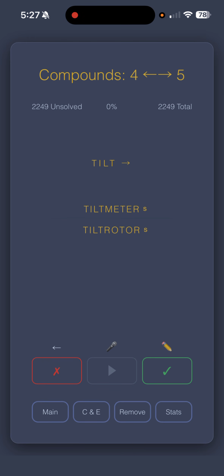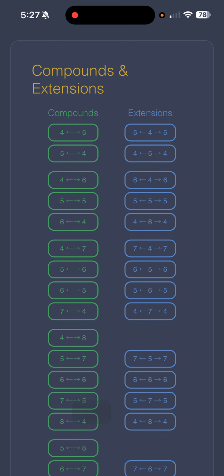These quizzes are redundant in the sense that tilt meter will show up twice, once as tilt with the arrow pointing to the right, and once as meter with the arrow pointing to the left. Okay, now the difference between a compound and an extension is that extensions consist of one valid word and one invalid connection of letters.